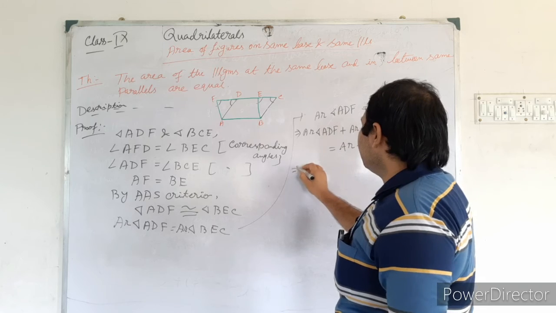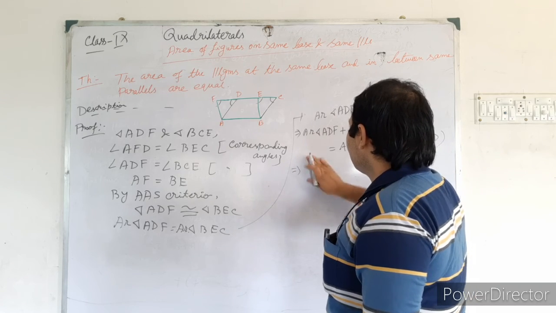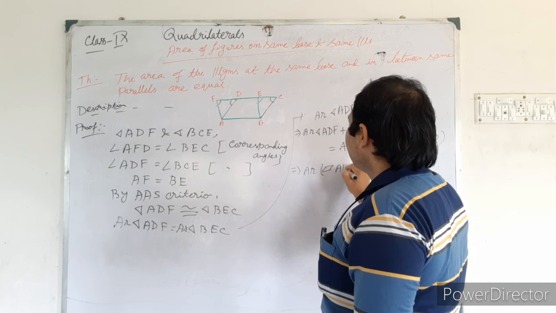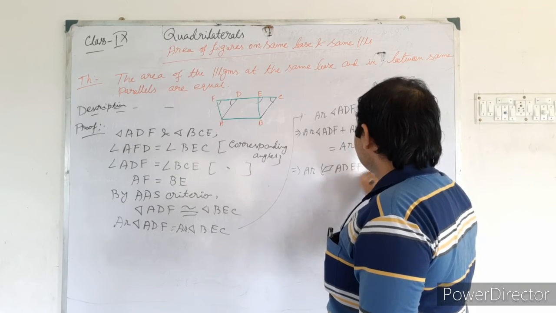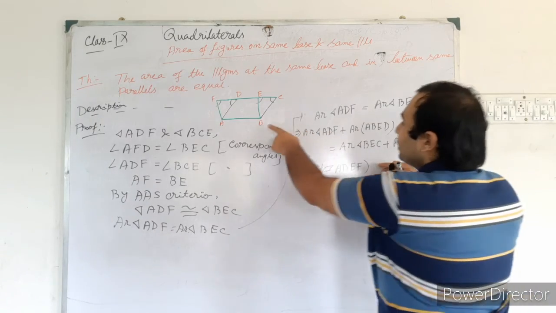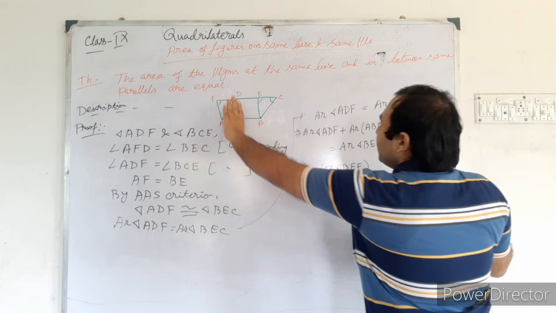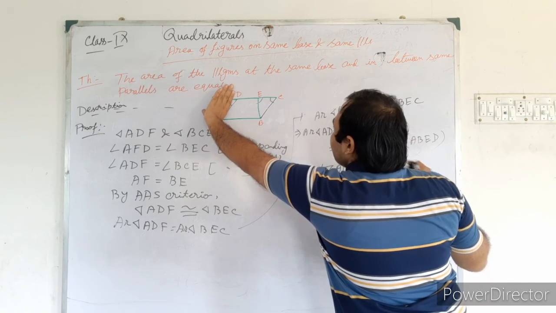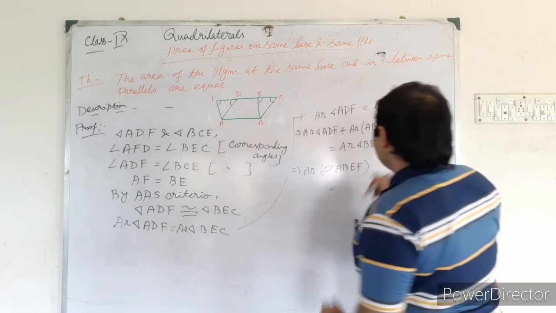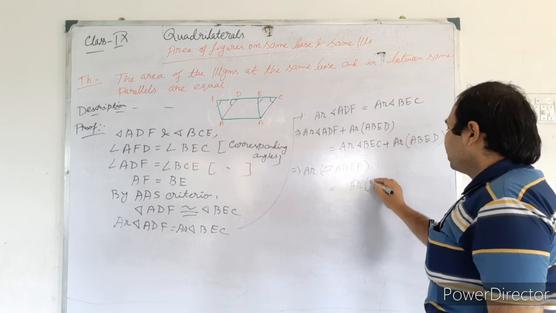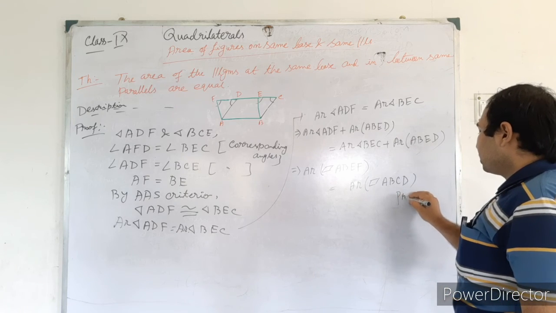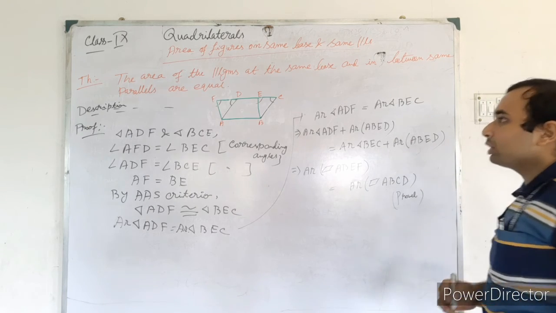So area of parallelogram ABEF is equal to area of BEC plus area of ABED, which gives parallelogram ABCD. It is proved, finally, what was required.